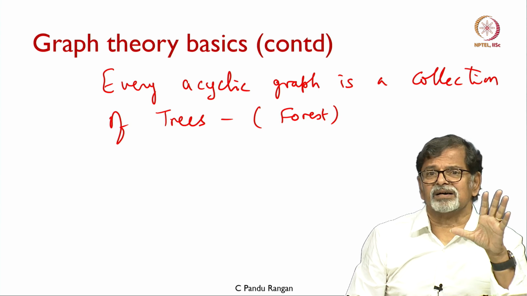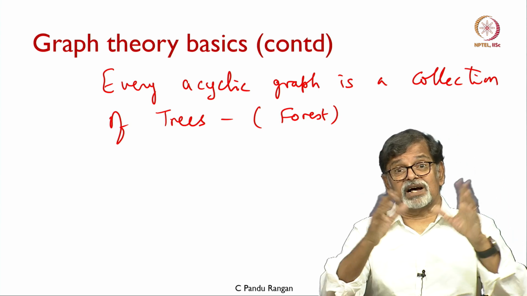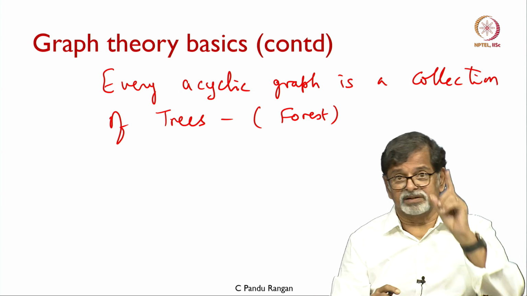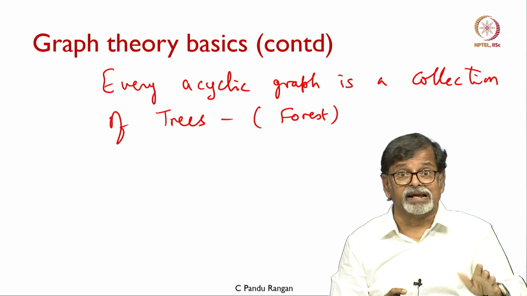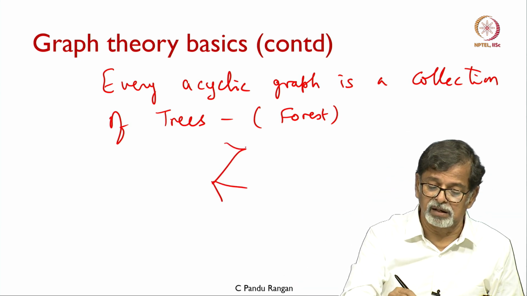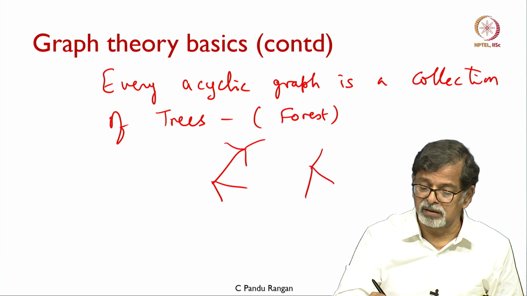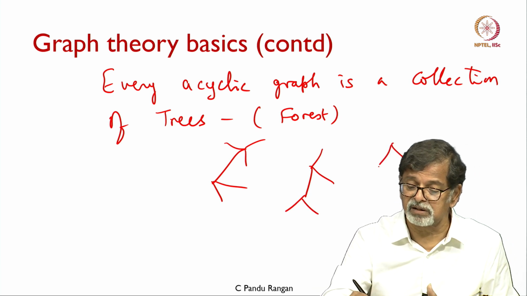It is an acyclic graph, no cycles. If it is acyclic and connected, there is only one piece, that will be a tree. But if it is acyclic and disconnected, each one will be a tree, because there is no cycle, but there are several connected components.